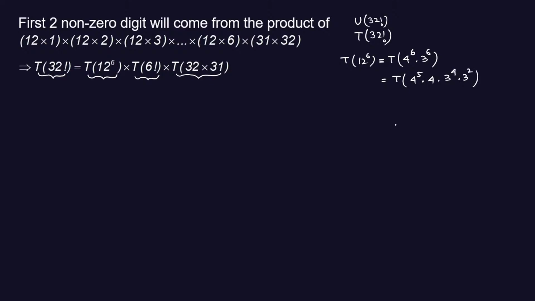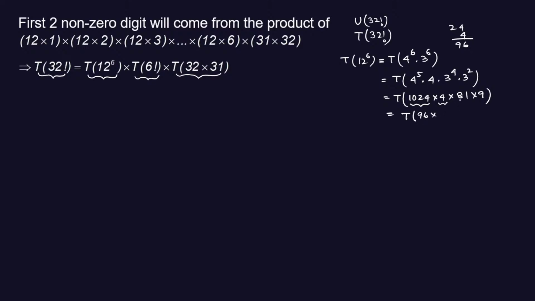Am I correct? Now 4 to the power 5 is basically 1024, into 4, into 3 to the power 4 which is 81, and this is 9. So when 1024 is multiplied with 4, the 2 non-zero digits will be, when 24 is multiplied with 4, it gives us 96, right?